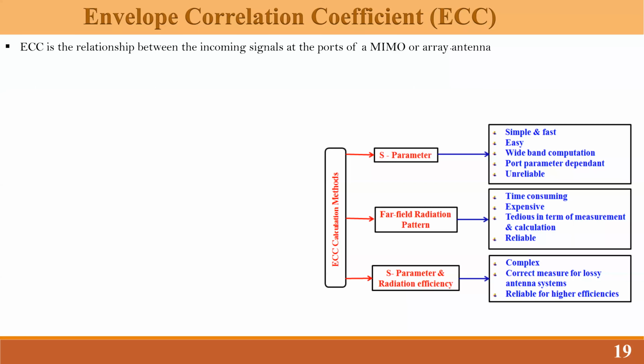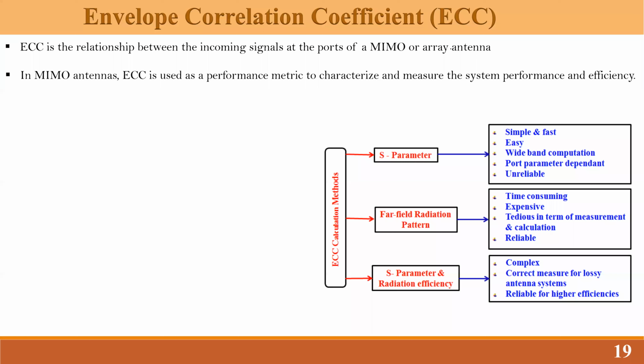Whenever you define the envelope correlation coefficient, for that particular case you are basically defining your system characteristics or system performance. If you are targeting MIMO applications, this ECC calculation is very important. The reason is that in MIMO communications, one of the very important terms is the antenna correlation coefficient, that is ACC.